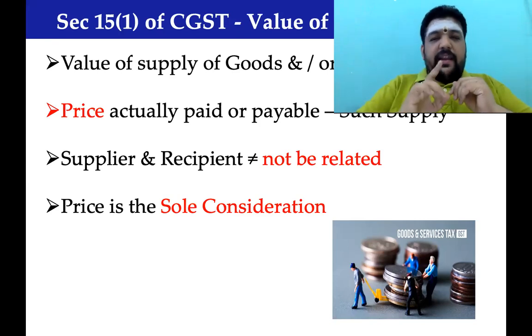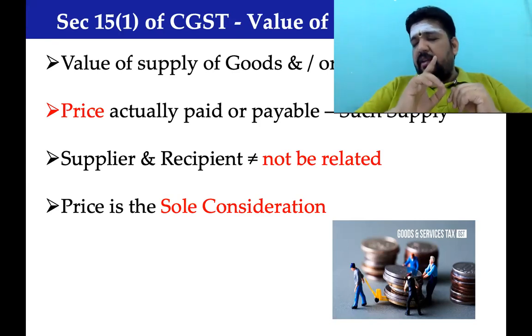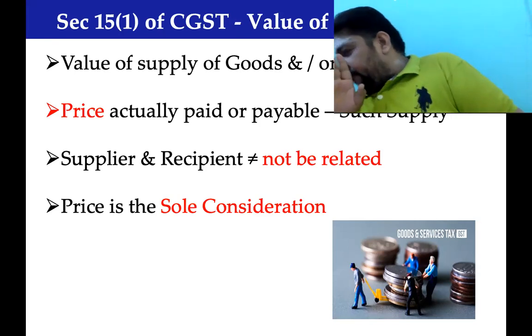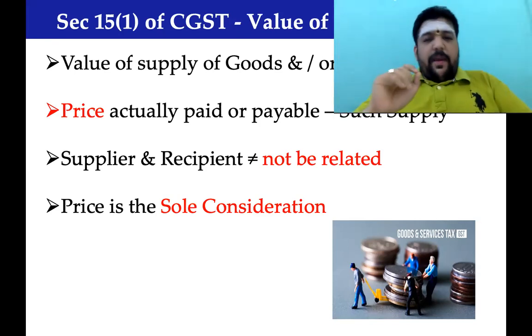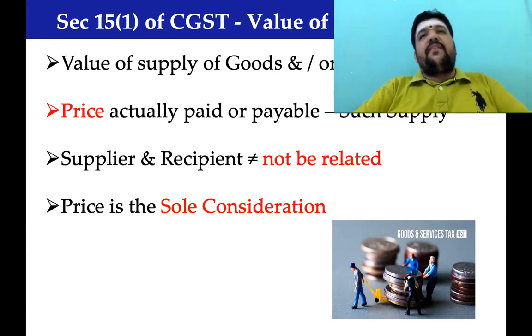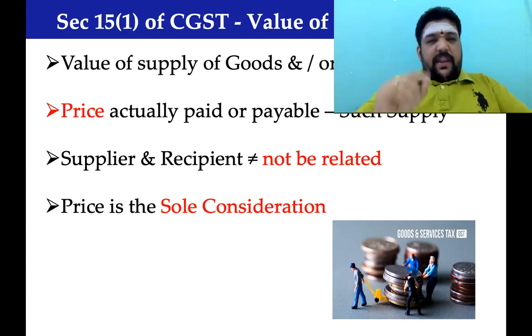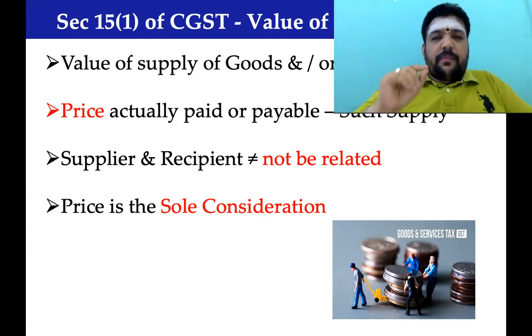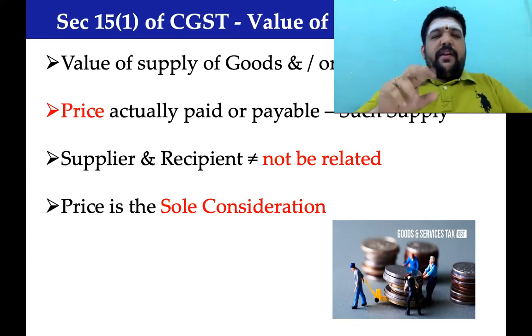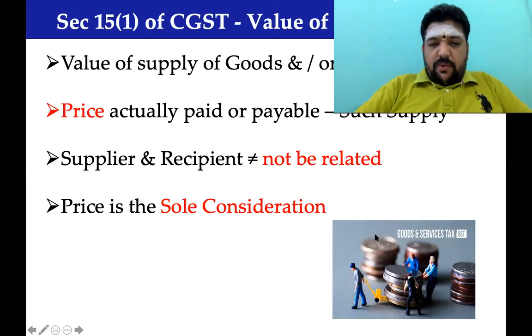If we go back and recollect our levy provisions, we have come across the situation where it was very clear that a levy would be applicable if value is determined as per section 15. So the sections are mutually inclusive.